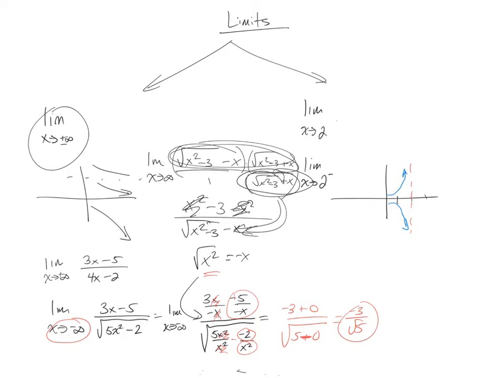You'd be able to deal with that though, because you can just divide through by the square root of x squared here, and the square root of x squared there, and the square root of x squared there, and what's going to happen is the top's going to turn out to be 0, and the bottom's going to be like the square root of 1 minus 0, plus 1, I'm sorry, because that's a plus there. So it's going to be 0 over 2, which is a perfectly fine limit of 0.